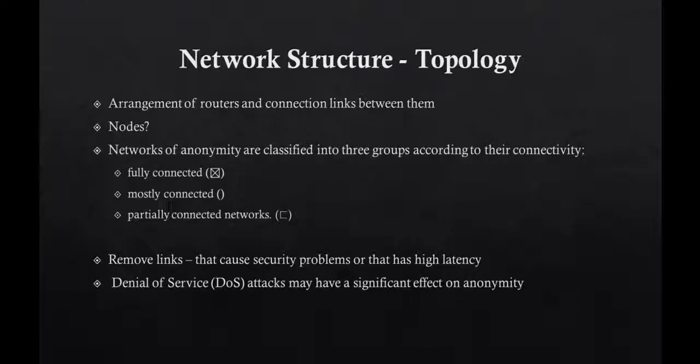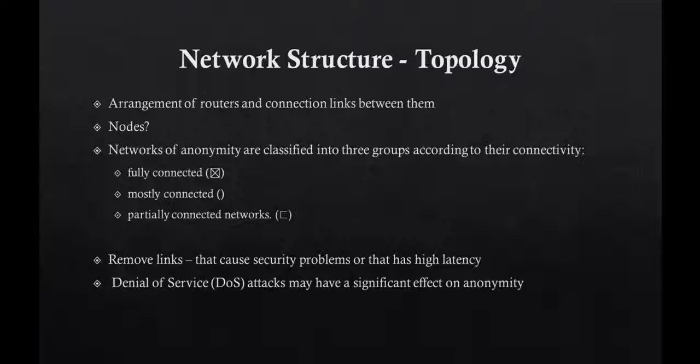Network structure, topology. It tells the arrangement of routers, how the data flows, and the communication links between them. We think of the network as a graph in which the graph nodes represent the routers.